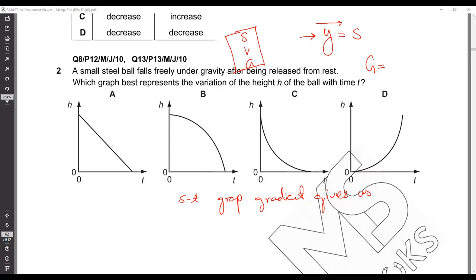Okay, so what does the displacement-time graph gradient give us? The speed or velocity.